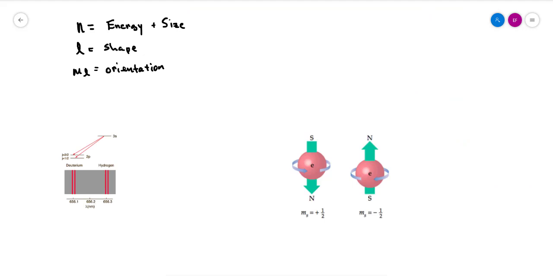So quick recap, we've got the 3 quantum numbers that we've talked about up to this point, and we talked about them as sort of this unique zip code where the principal quantum number n tells us about the energy and size, but nothing about the shape or orientation. In that case, we need the angular momentum quantum number L that tells us the shape, whether it's a sphere, a dumbbell, or a double dumbbell.